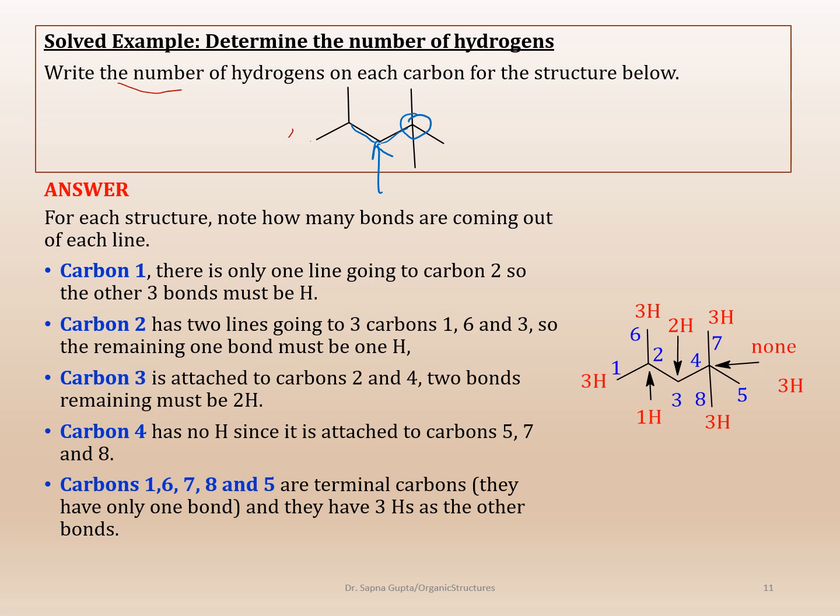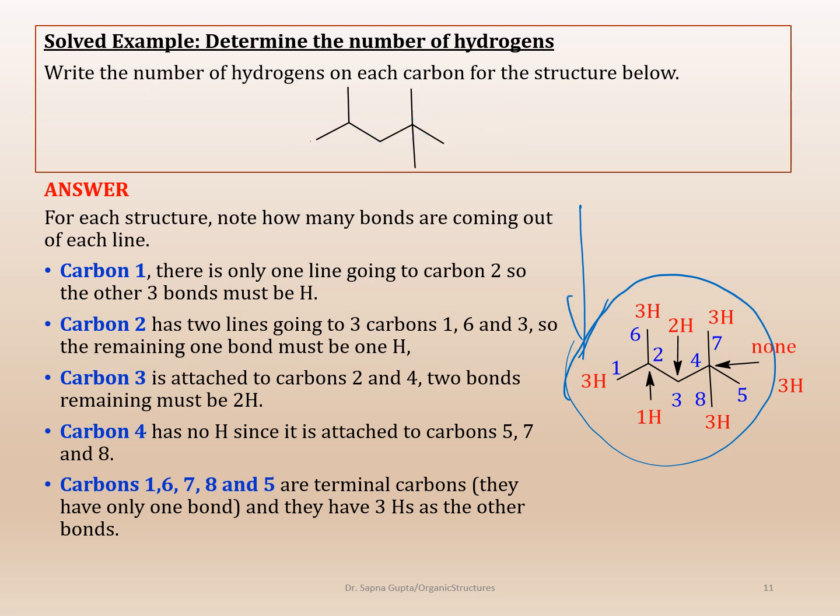No more bonds remaining. So that carbon has no hydrogens. And then here, these 3, you can see this is only 1 bond each. So they must have 3 hydrogens each. That's how I've shown you over here. Those are the things I've written down in all of these explanations, so you can read it whenever you get time, but that's how we do it fast.